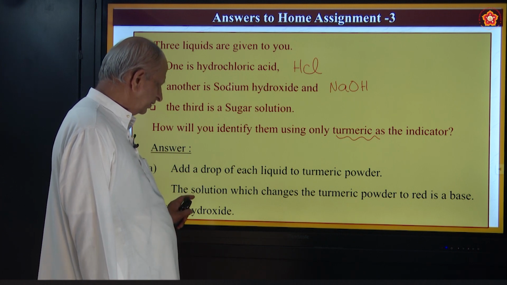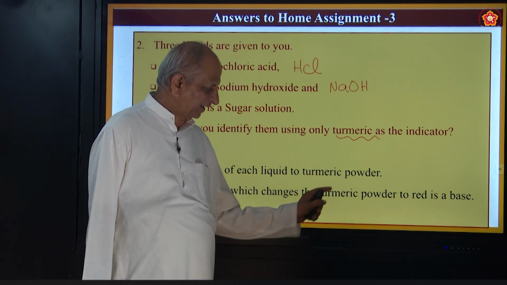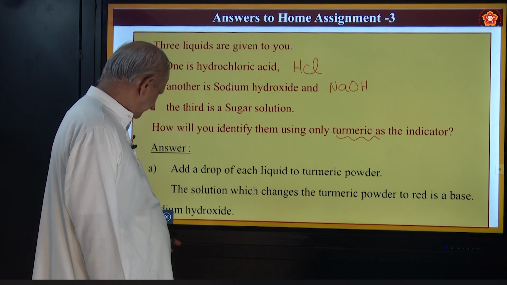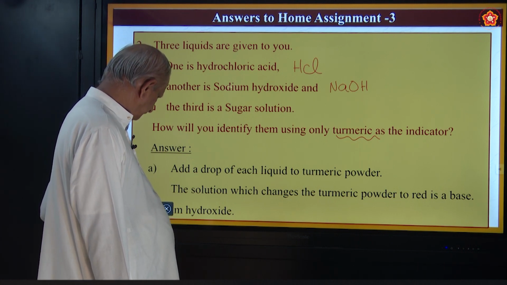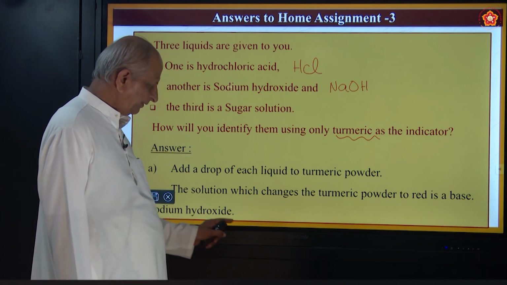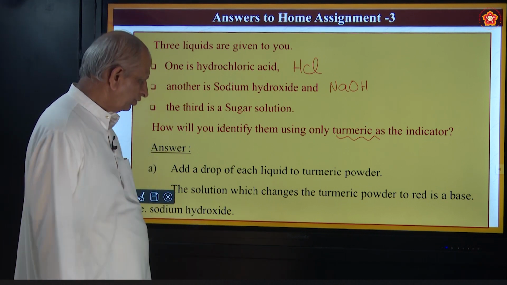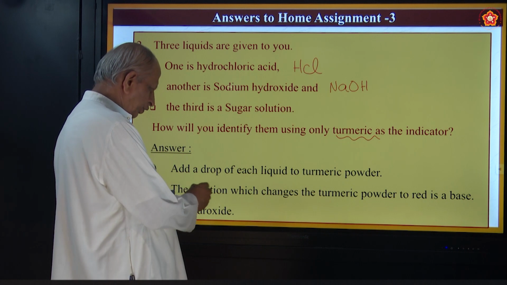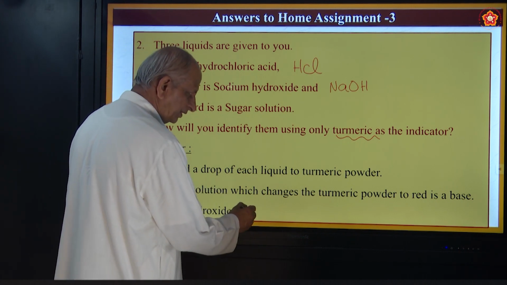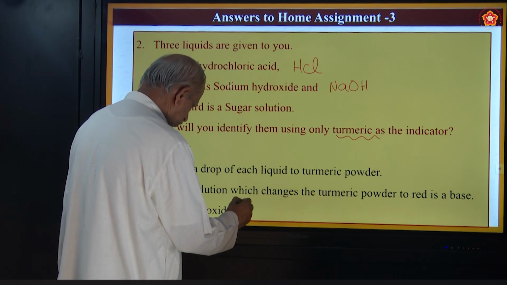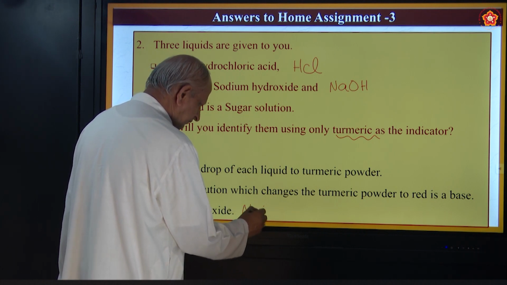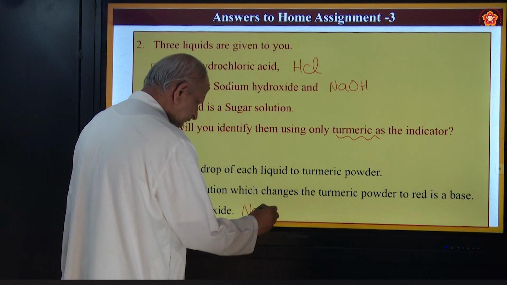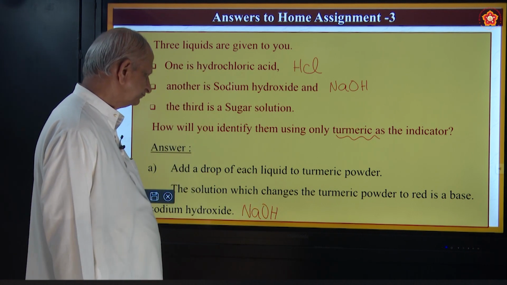The solution which changes the turmeric powder to red is a base, that is sodium hydroxide. Sodium hydroxide is a base. So, the solution that colors yellow to red, that is sodium hydroxide. Correct?